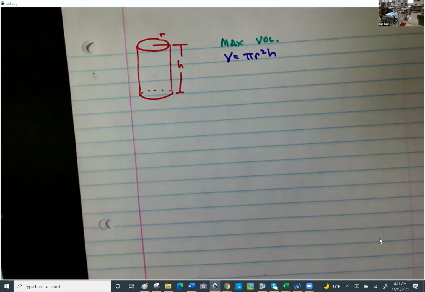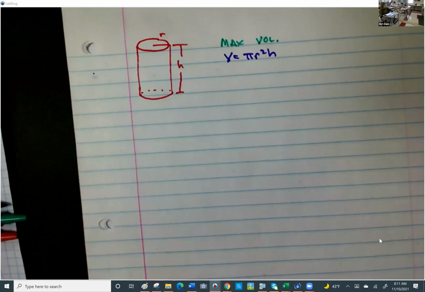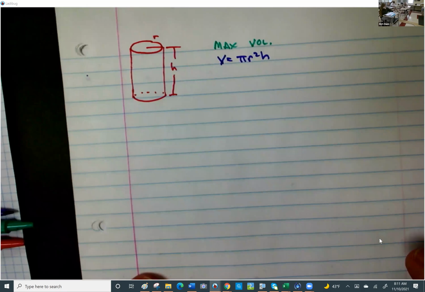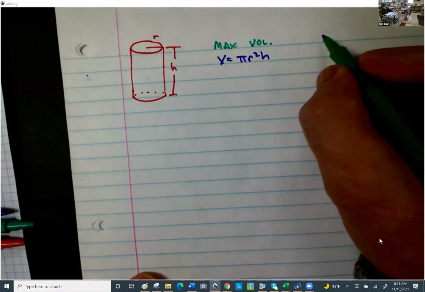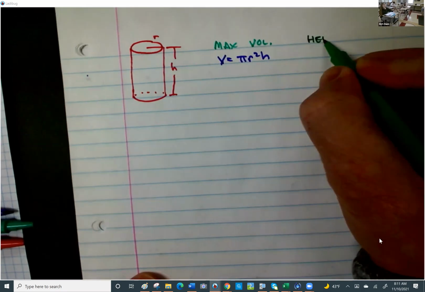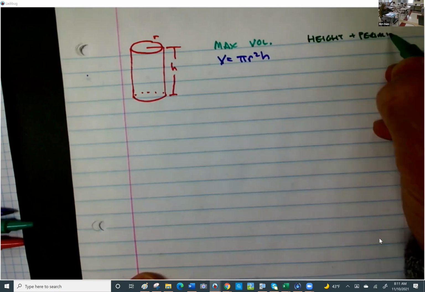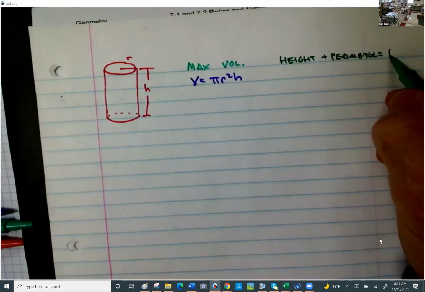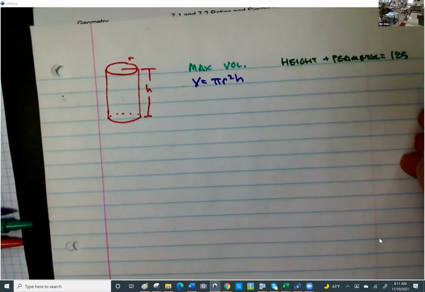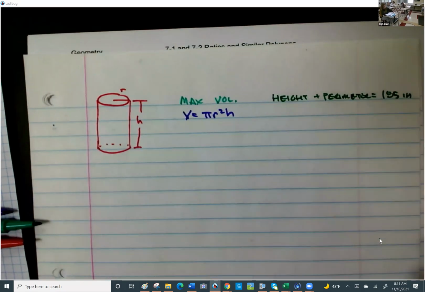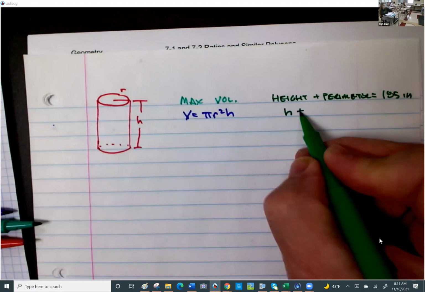And then it gives this weird thing. I'm not sure whose idea it was to do this, but they did it and we have to follow. It says we have to have a combined height plus perimeter that equals 185 inches. Okay, so h plus the perimeter.